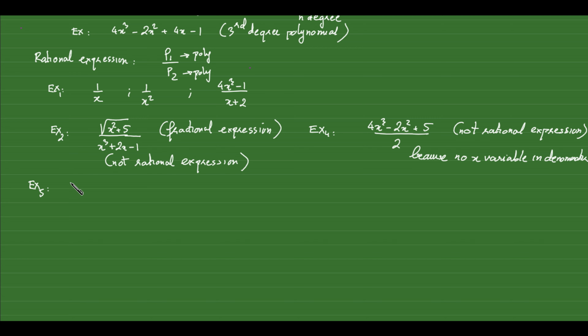What if I have 4a squared plus b over a minus b. Is it a rational expression? It is. Because we have variables on the top, a and b, and we also have variables at the bottom, a and b. Even though we have two of them, that's fine. It's still considered a rational expression.